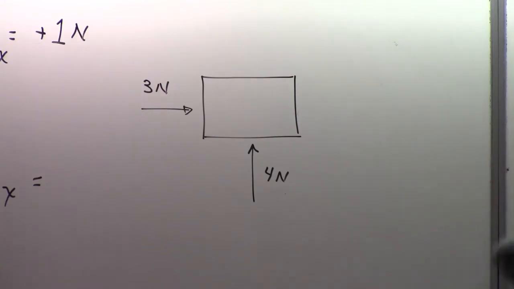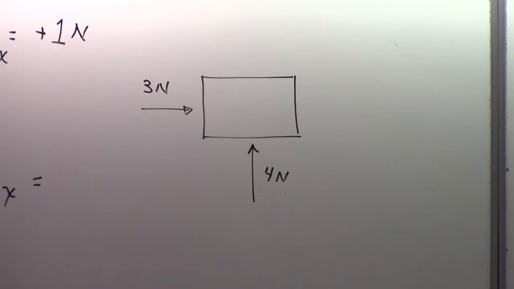What's the net force there? Good. It's tempting. I heard somebody say 7, and I know that's tempting. No, these have direction. It's not just a simple 3 and a 4.